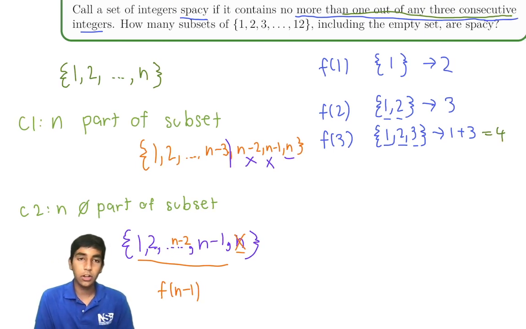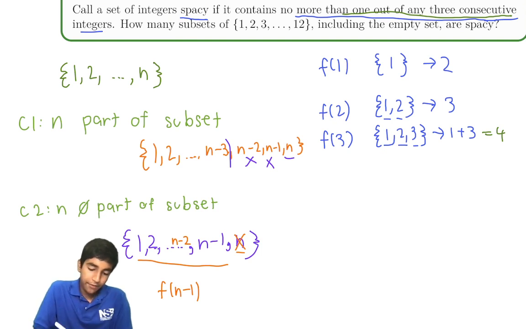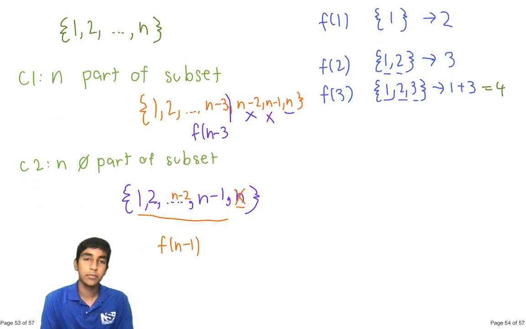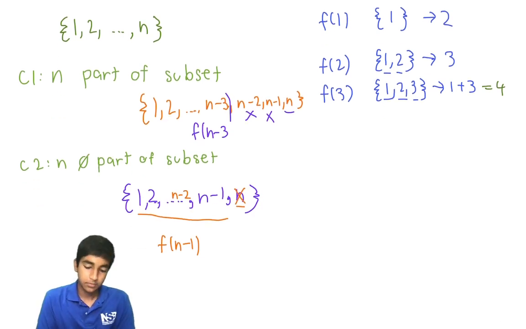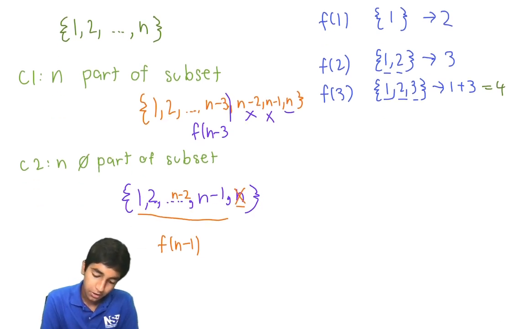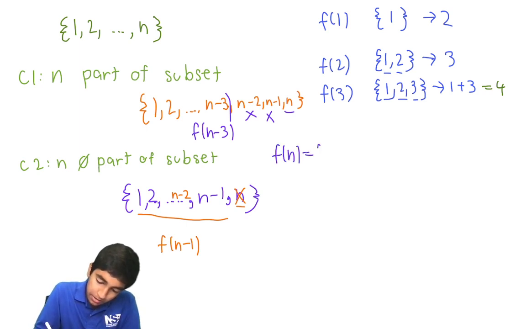So that means it's just going to be f of n minus 3. So the recursion is f of n equals f of n minus 1 plus f of n minus 3.